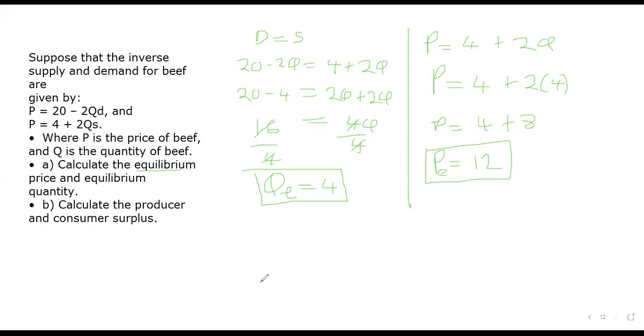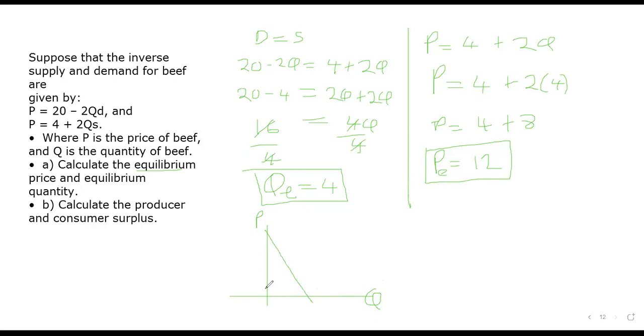So sketching, we have the price axis and then the output axis, the quantity. For the demand curve, it goes downwards, it's downsloping.